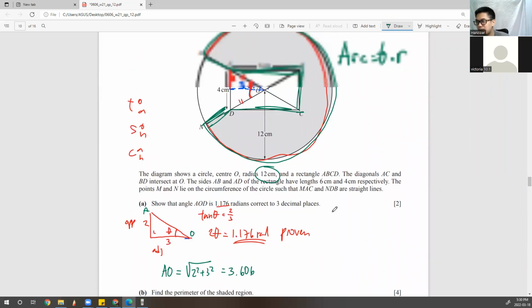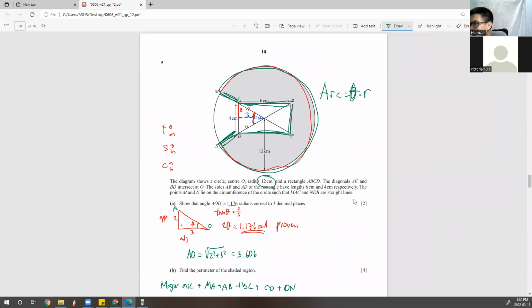Now, arc. Arc is theta times r. So for the major arc, what is the angle of the major arc, Vicky? You know how to do it? No. Okay, so the total circle, do you remember what the total is? It is 2 pi radian, right? The angle on a full circle. Get it?